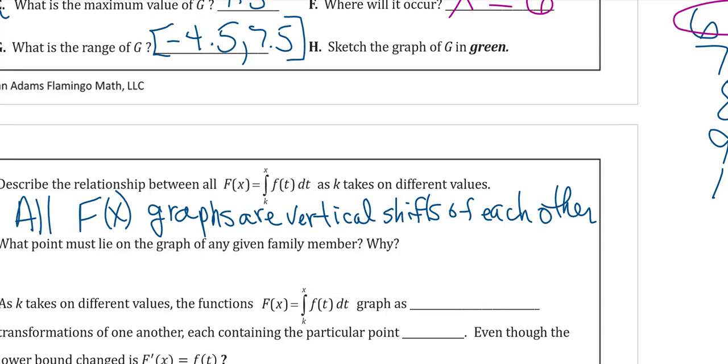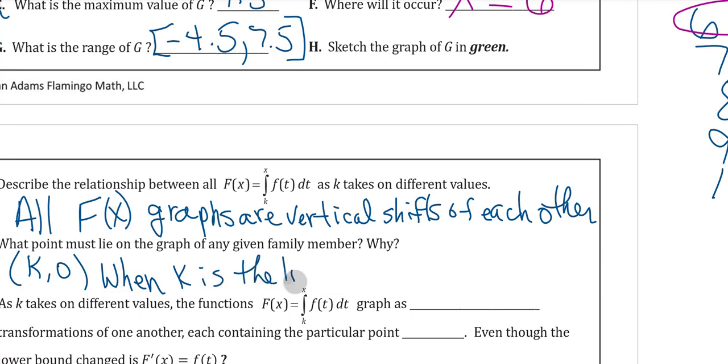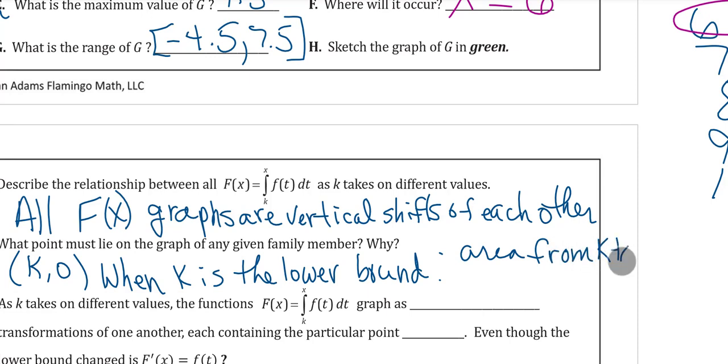And that point is going to be k comma 0. And the reason for that is that when k is the lower bound, our first area is going to be the area from k to k, which is 0.